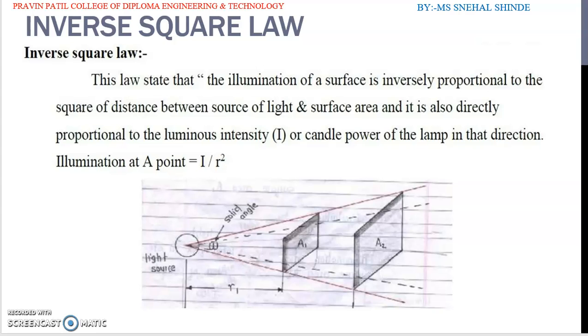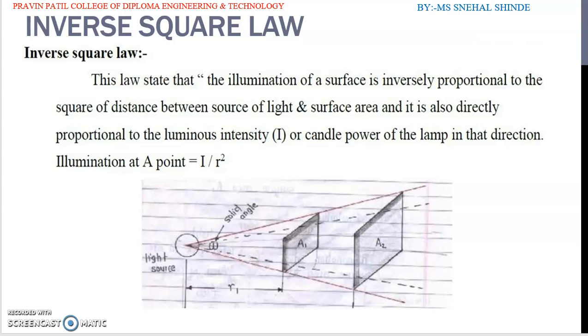Therefore, the illumination on the surface of the area A1 is given by E1 equal to I omega divided by omega R1 square. We substitute the area A1 value into this. So, by cancellation we get illumination equal to I divided by R1 square lumens per unit area.